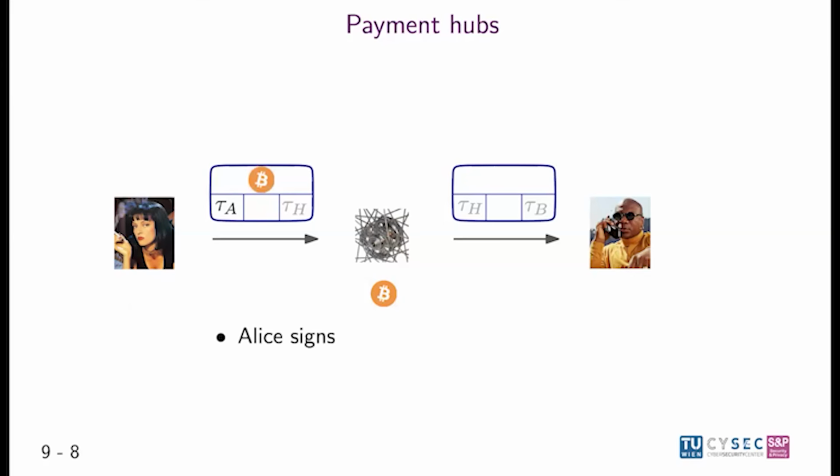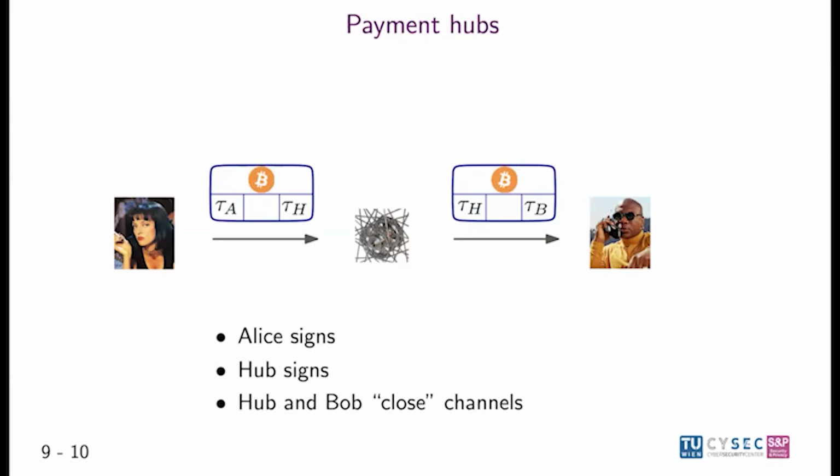Okay, so what's the protocol? Alice signs this transaction. So basically her Bitcoin is now escrowed in this transaction. The payment hub does the same for his channel with Bob. And then they can transact. Then when they close the channel, they put the missing signature, and then all the Bitcoins are basically transferred to the receiver. Okay, what's the problem here?